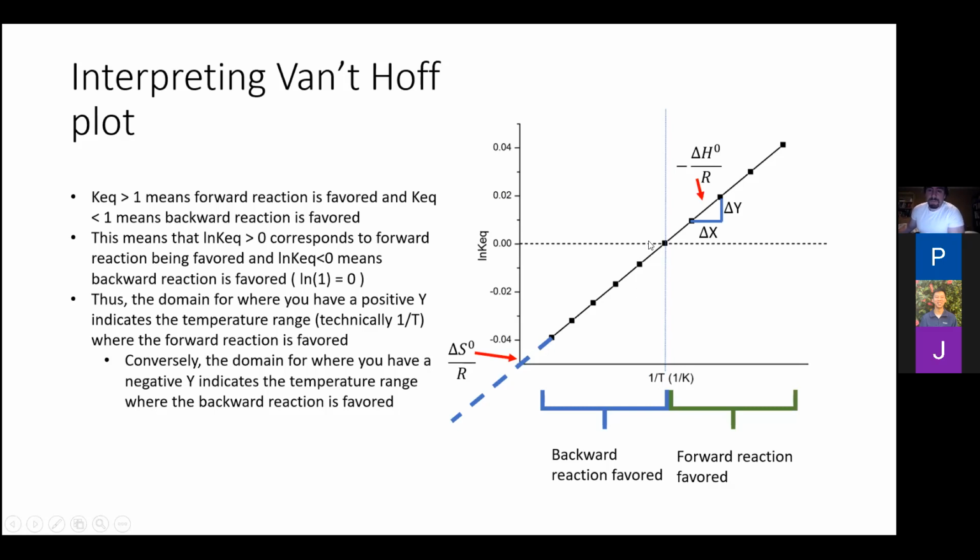Every 1 over temperature where you're below 0 means the backward reaction is more favorable, and everywhere your y value is positive corresponds to a temperature where the forward reaction is favored.